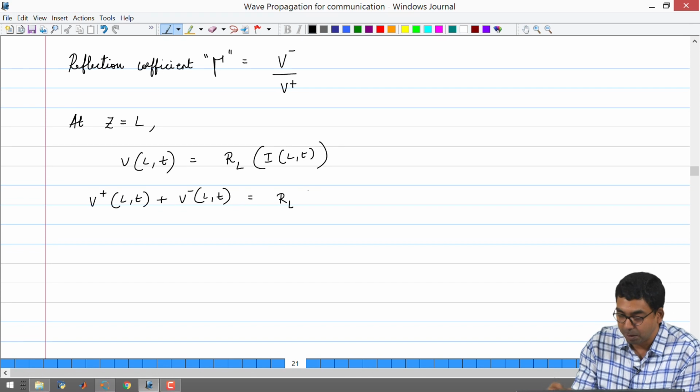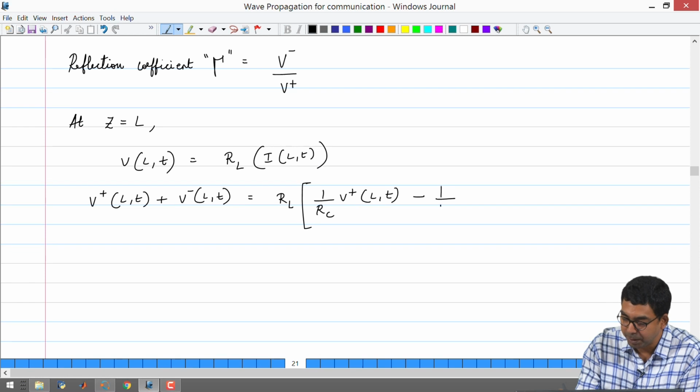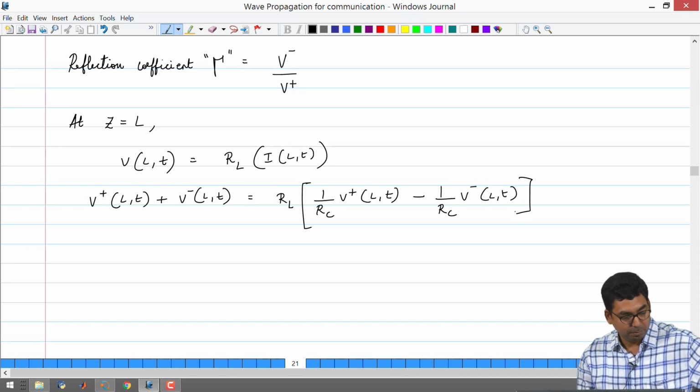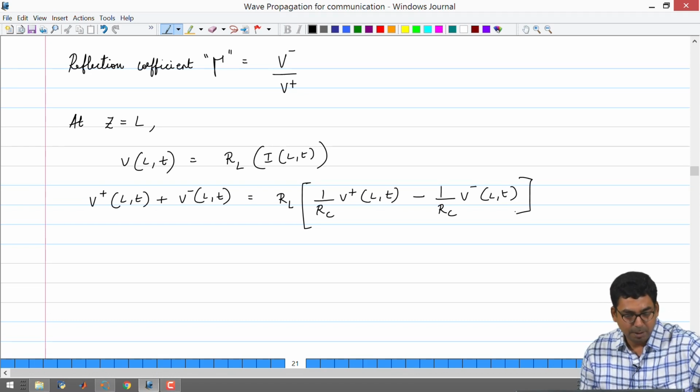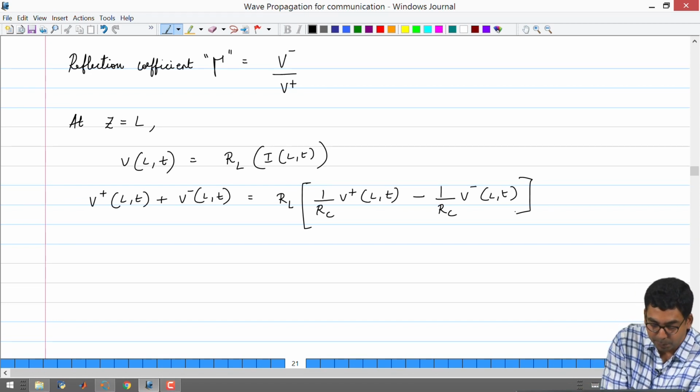So, we have already written this. It is going to be 1 by RC times V plus of L comma T minus 1 by RC times V minus of L comma T. One can go ahead and rearrange this equation.